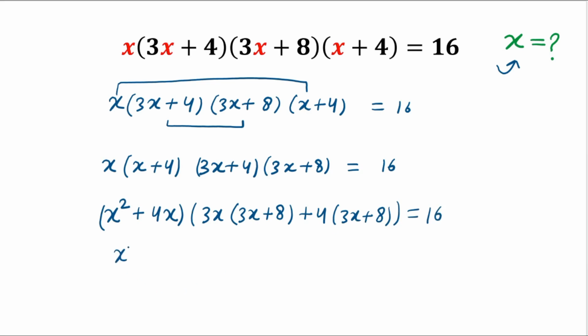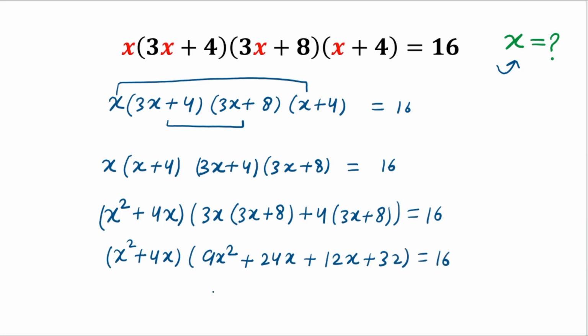X square plus 4x. Here 3x is multiplied by 3x, this is 9x square, 3x is multiplied by 8, then 24x, 4 is multiplied by 3x, here 12x, and 4 is multiplied by 8, then 32, and this is equal to 16.